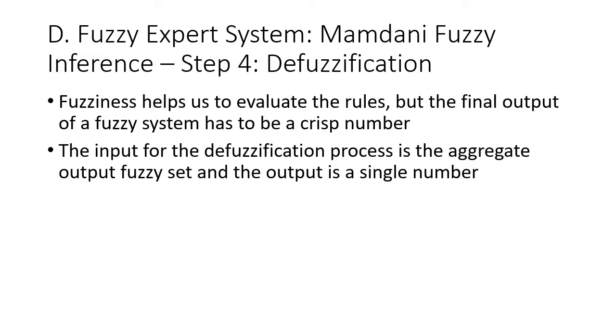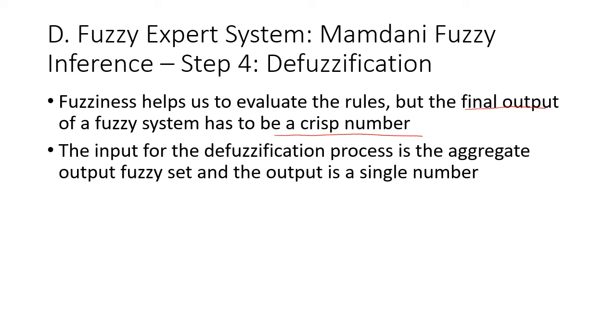So the result of step 3, which is aggregation, is a fuzzy set itself. So it is in the form of an area of a graph. However, if we want to use it in a fuzzy system, the final output must be a crisp number, just like our input at the very beginning of this whole process.